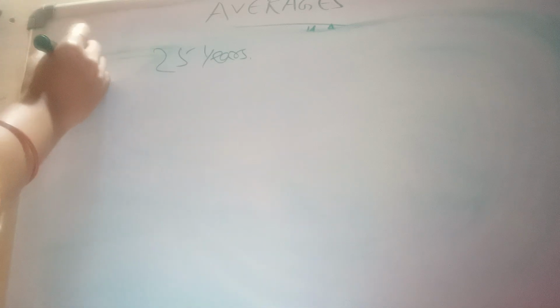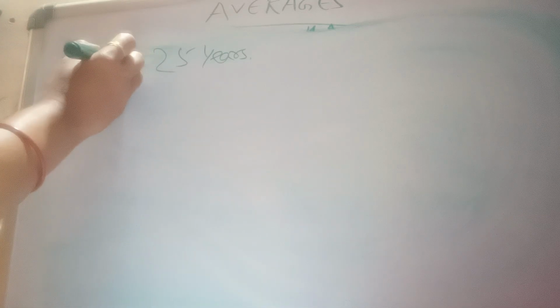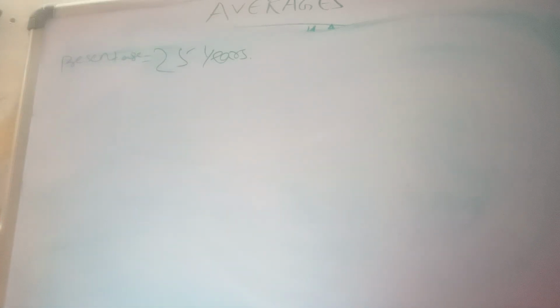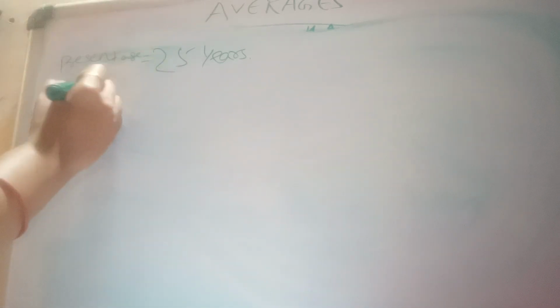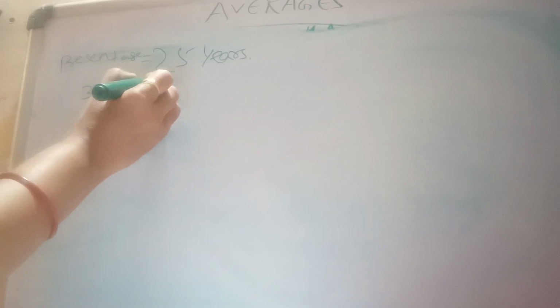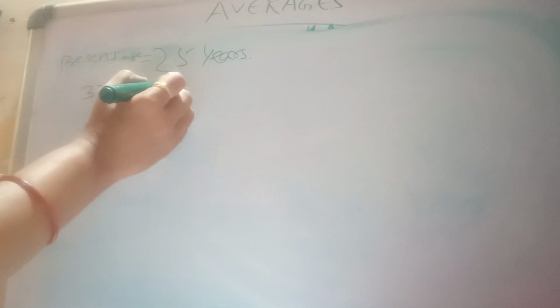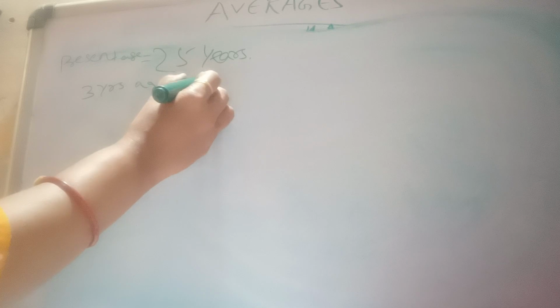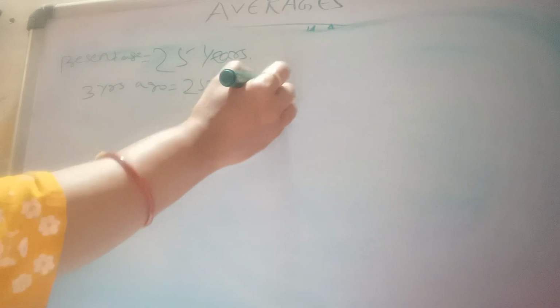So 3 years ago, the average age of the family will be 25 minus 3 equals 22 years.